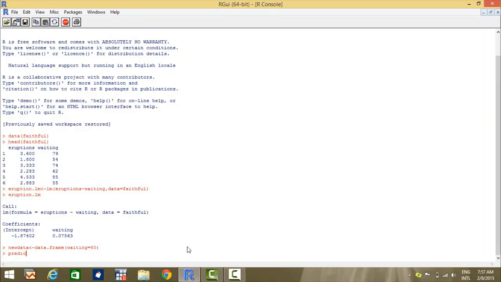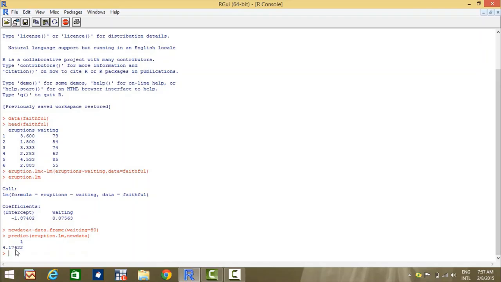With the predict function in R: predict eruption.lm. I want to predict the value of eruptions given that the value is 80 for waiting. So I write comma newdata. So newdata holds the value of 80 for the explanatory variable waiting.